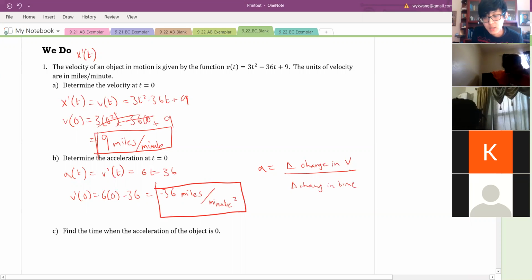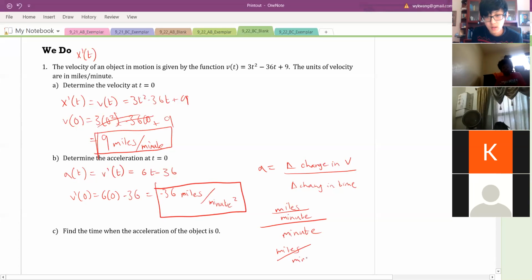So if you think about it, velocity is miles per minute, and then if we want acceleration, we're going to do it all over a minute again. That's why we get miles per minute squared. So if you do miles per minute, that's velocity, and then we're finding that over the change in time again. So we need to divide by a minute again, and we get miles per minute squared. So that's an explanation of how we get the units for acceleration.